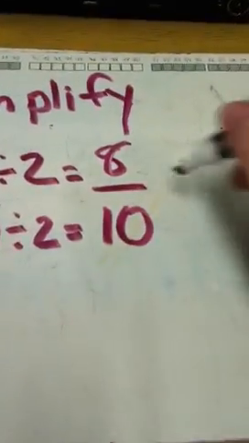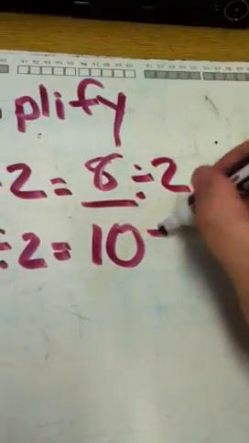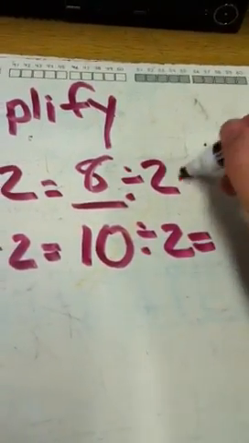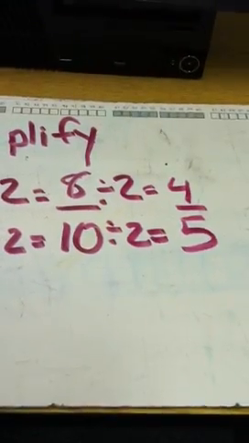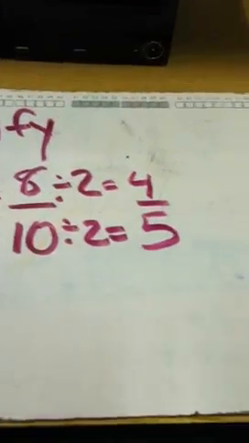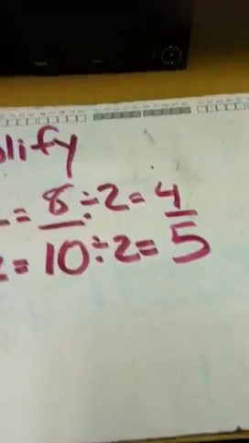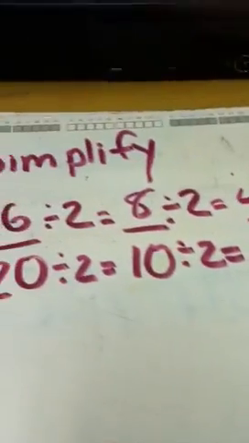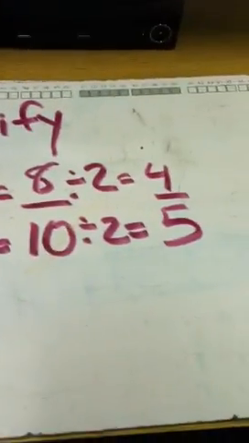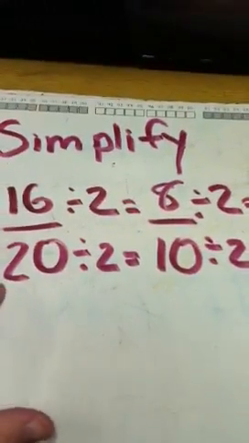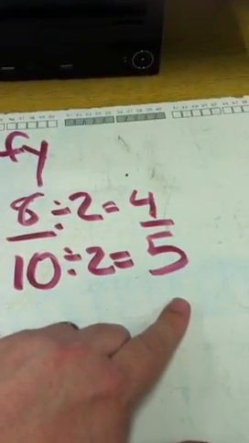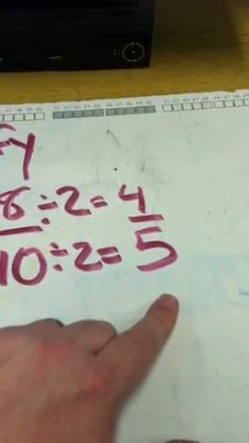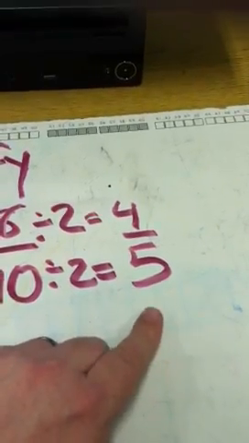I can take 8/10 and keep dividing it down lower, and eventually I'd get 4/5, and I can't divide that any further. What we want to do today is get from here, the 16/20, to here, the 4/5, the point where we can't divide it any further, and we want to do it in one step.